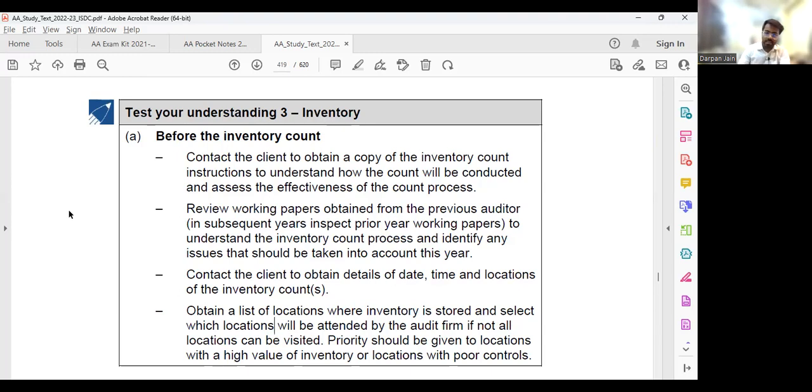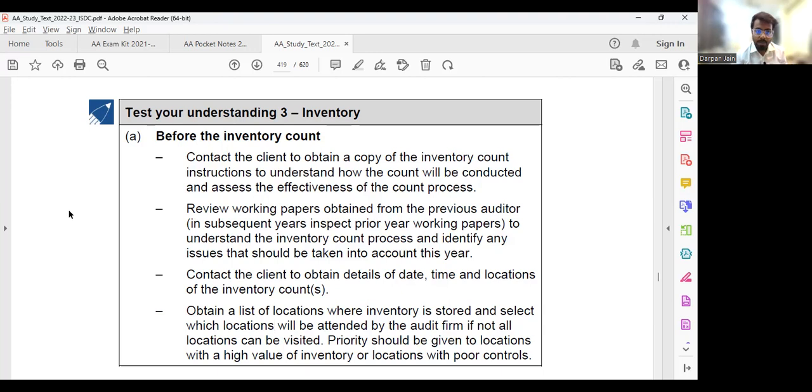So before attending that inventory count, you will perform some procedures. During that inventory count, you will perform some procedures. And at the final audit stage, you will again perform some procedures. So that is why the audit procedures for inventory are broken down into 3 different stages basically.